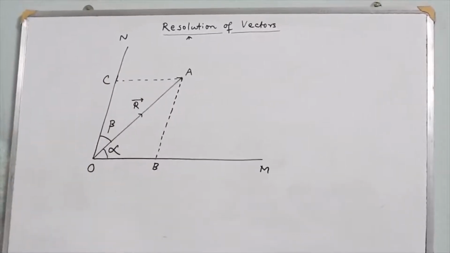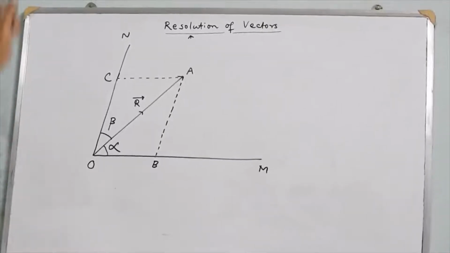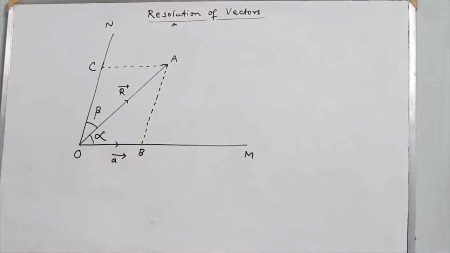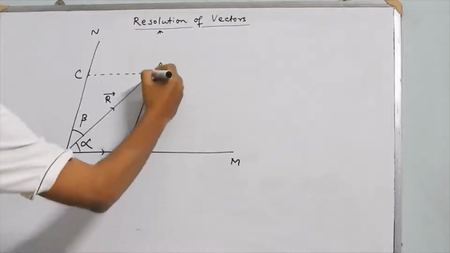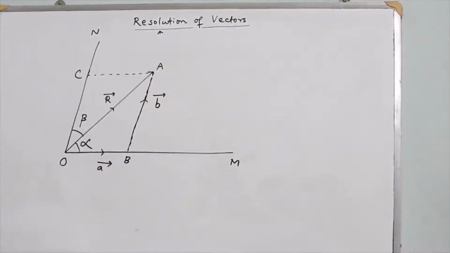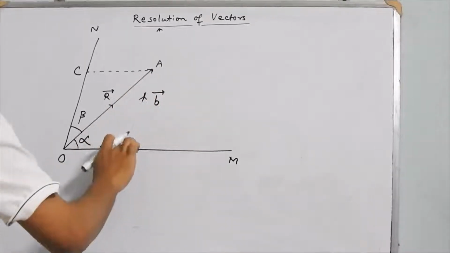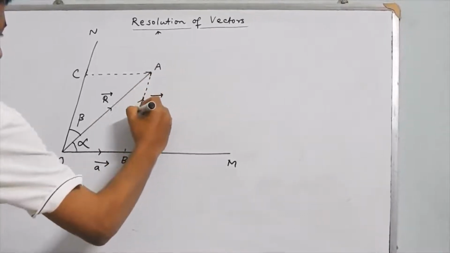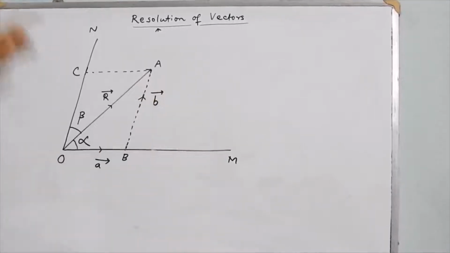Now in that parallelogram, we can definitely apply the parallelogram law of vector addition. Suppose I call OB vector as A vector and BA vector as B vector. This remains the dotted line, just to indicate it as a vector with the direction with the arrow BA.